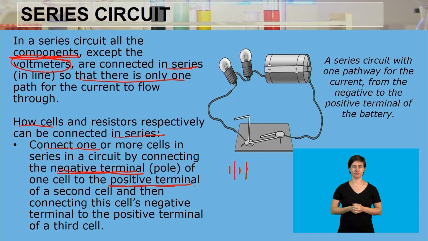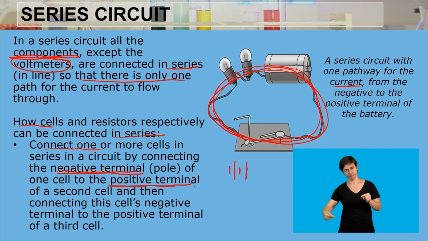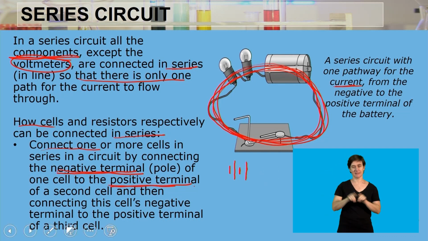So we are saying on this picture here, and it is very important to note, that a series circuit is one that only allows current to pass in just one particular pathway, from the negative terminal to the positive terminal. So as your current is moving through these terminals from negative to positive, it is only going to follow these wires going across and then back to the cell, and then also in that motion all around up until the battery runs out.